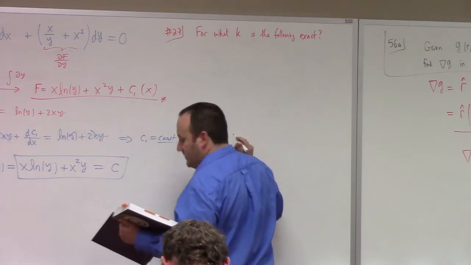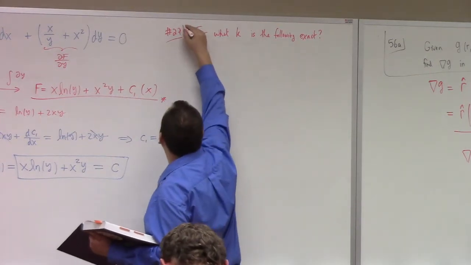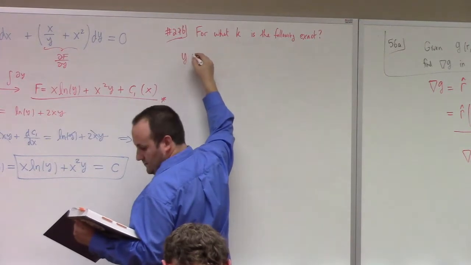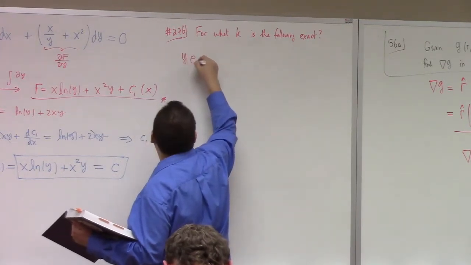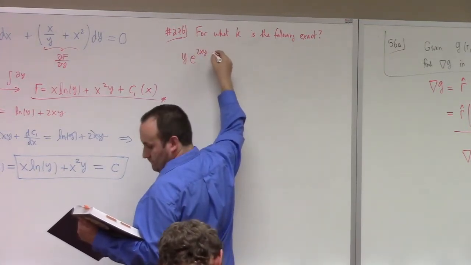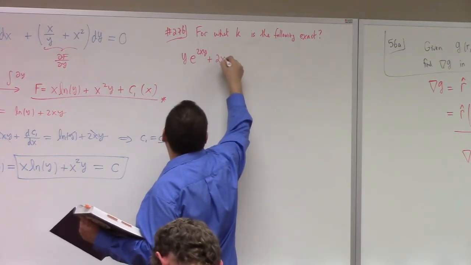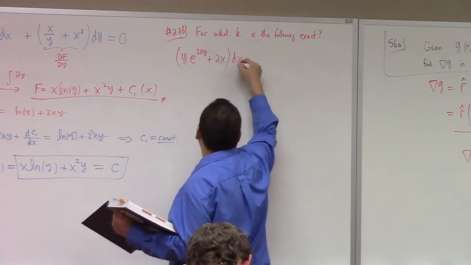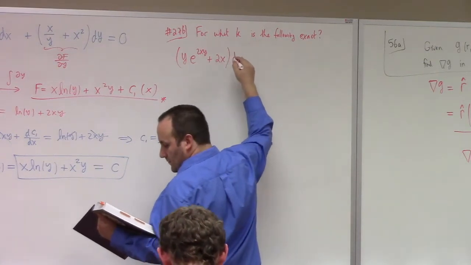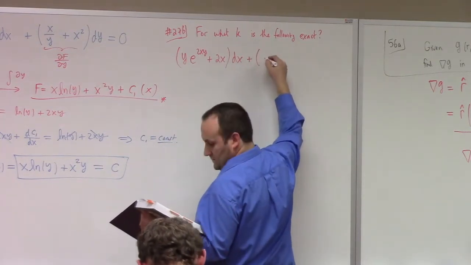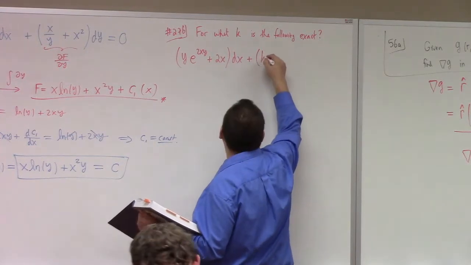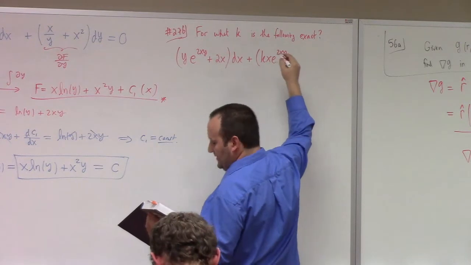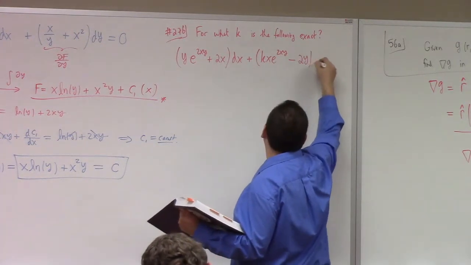I'm going to go ahead and do part B because that one looks more fun. So here we have y e to the 2xy plus 2x, parentheses, dx, plus parentheses kx e to the 2xy minus 2y dy.